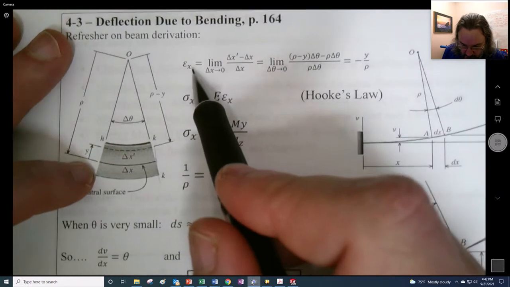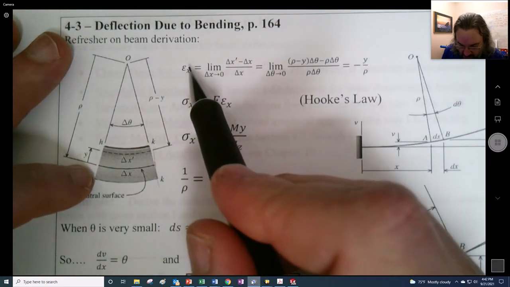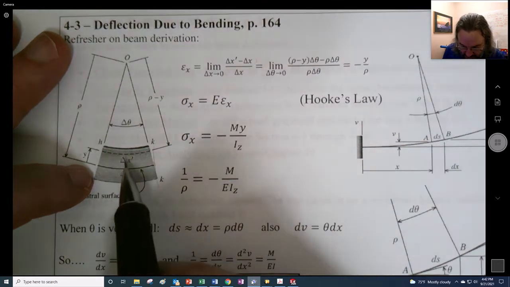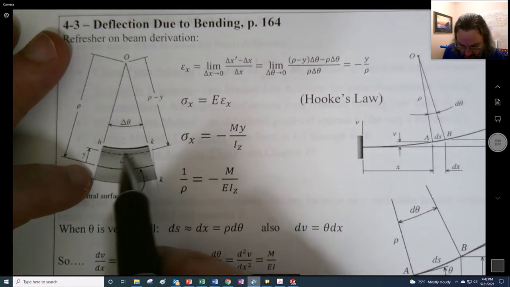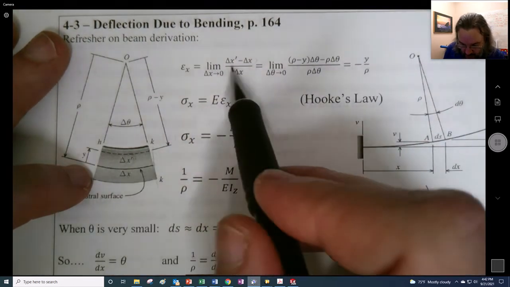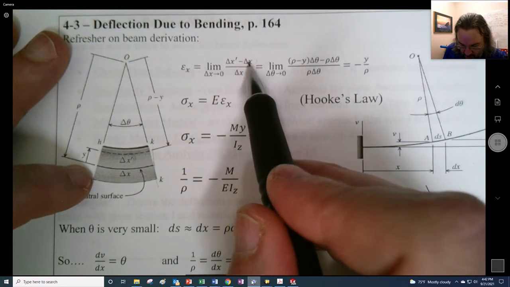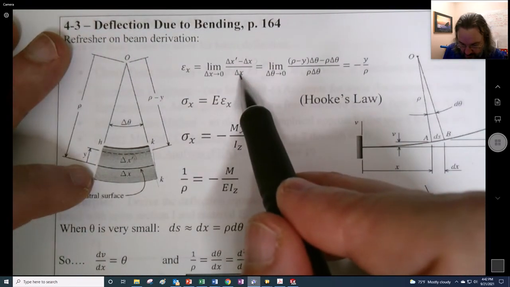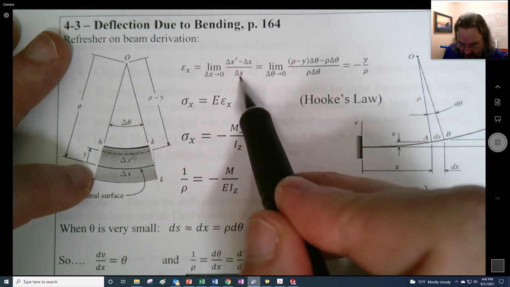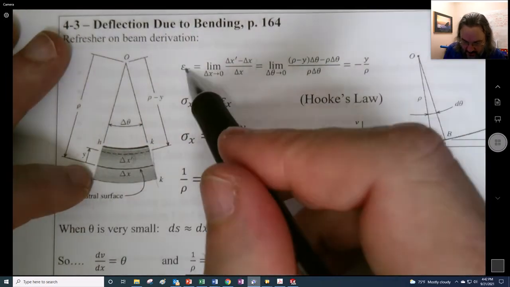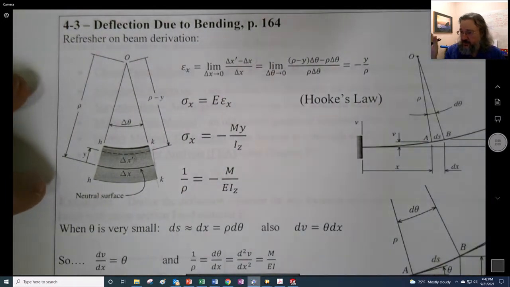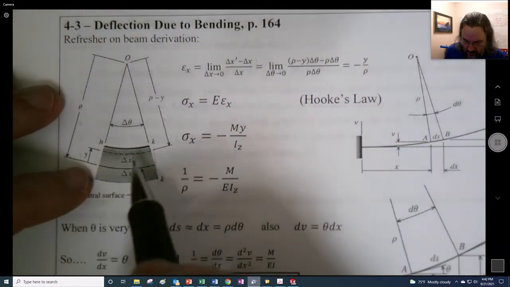Well, if we want to figure out what the strain is of the top part, we take the prime length and subtract out the original length, and divide it by the original length. That's just the definition of strain. So it has gotten shorter along that length.